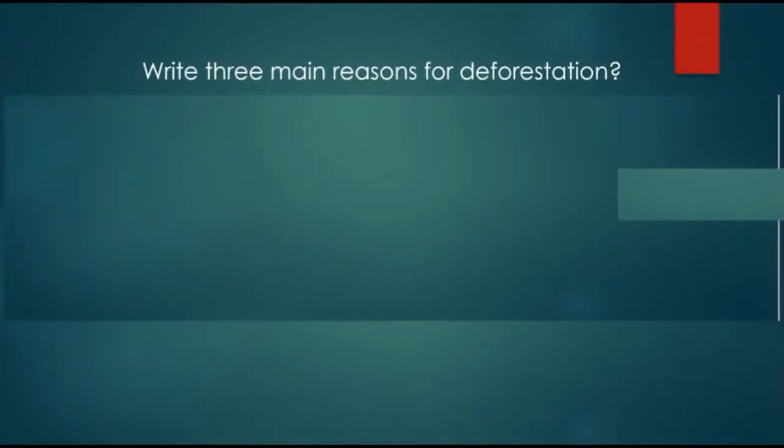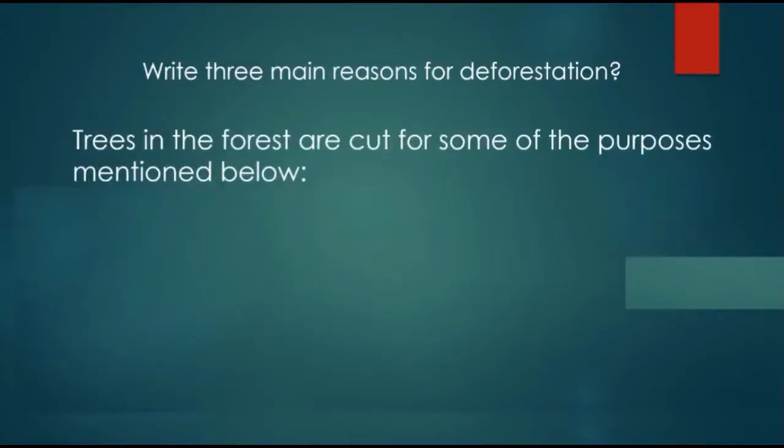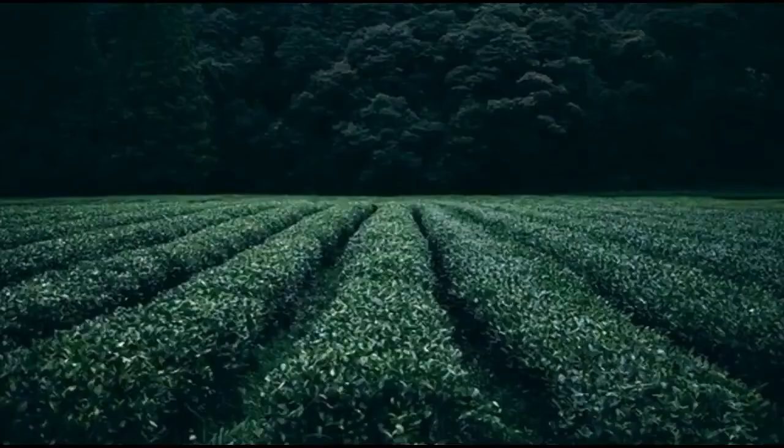At this point, we are able to answer the question which is there on your screen. Write 3 main reasons for deforestation. Trees in the forest are cut for some purposes. And what are those purposes? The first one is for cultivating crops. We require very large area.